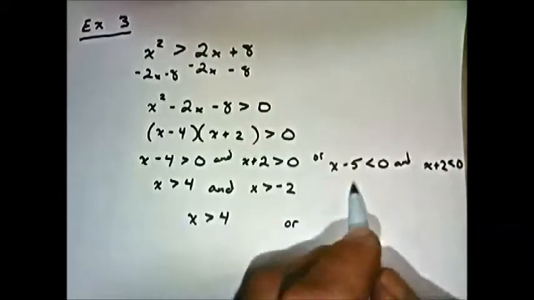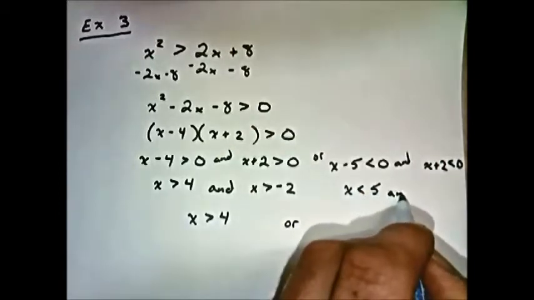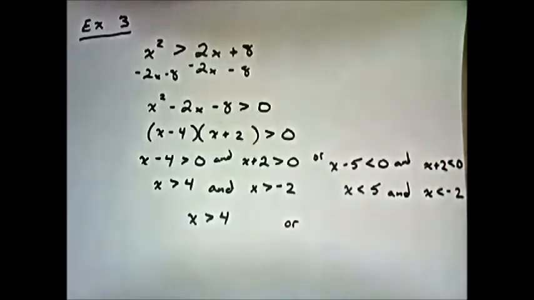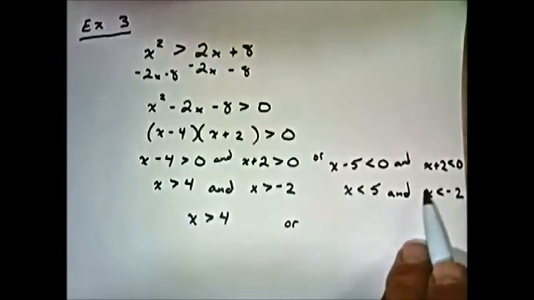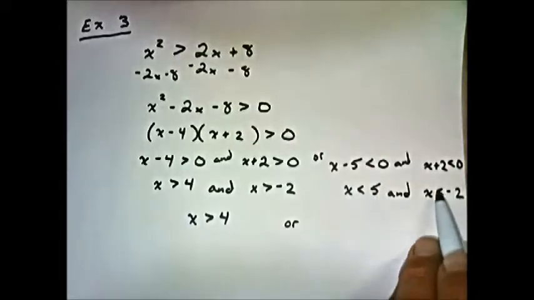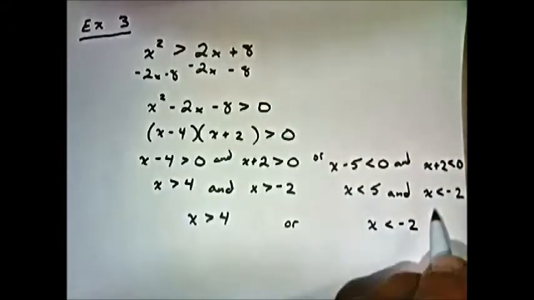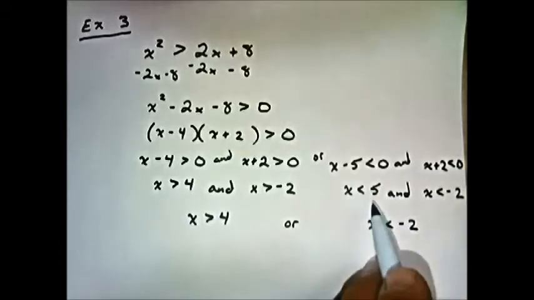Or, from this side, we have x is less than 4 and x is less than negative 2. In this case, we have less than 4 and less than negative 2, so x has to be less than negative 2 in order for it to satisfy both of our parts.